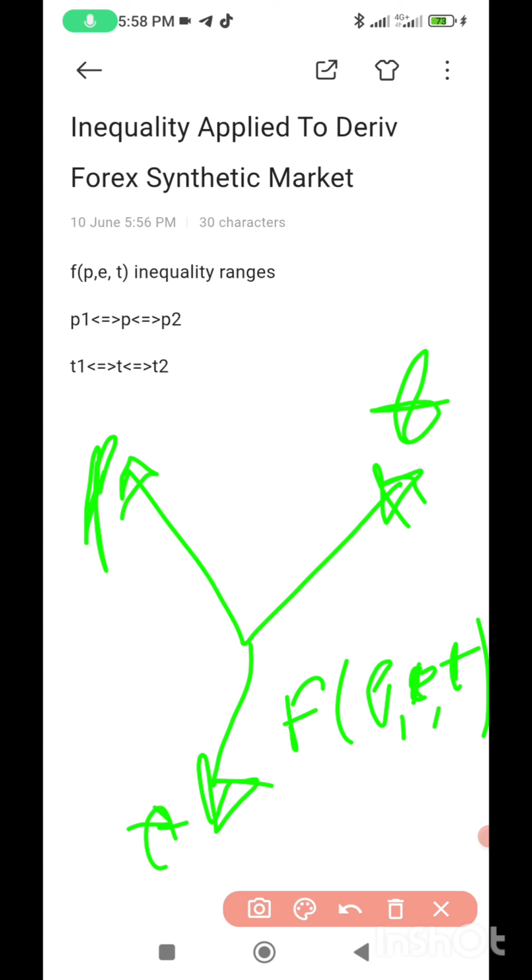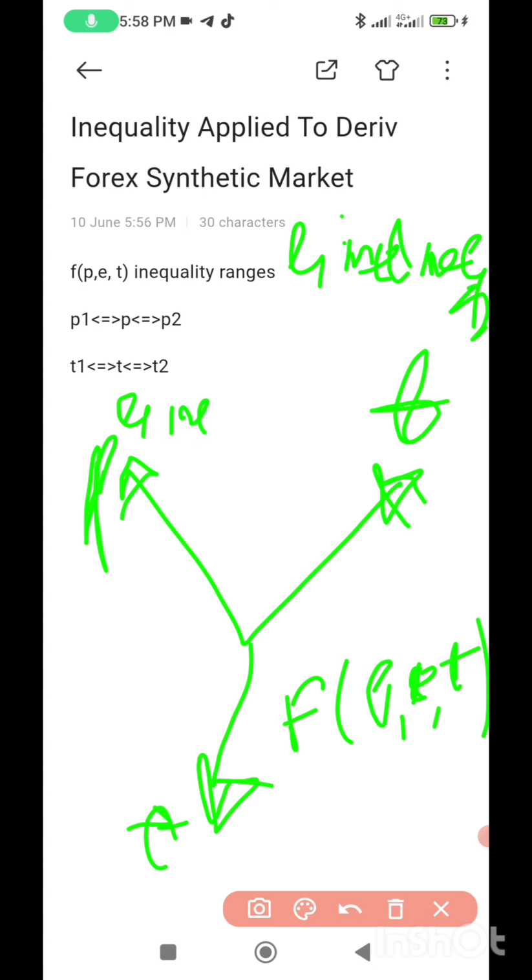So for some ranges of error, let's say E1 inequality E inequality E2.